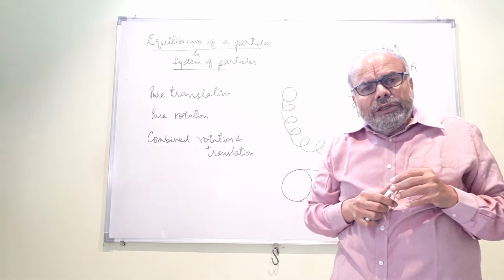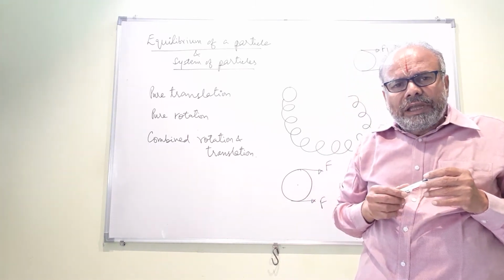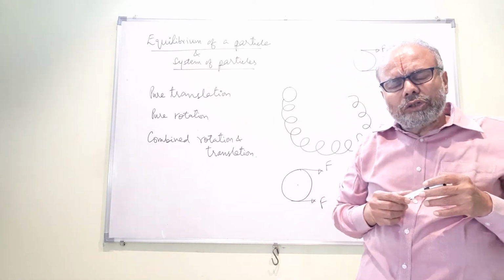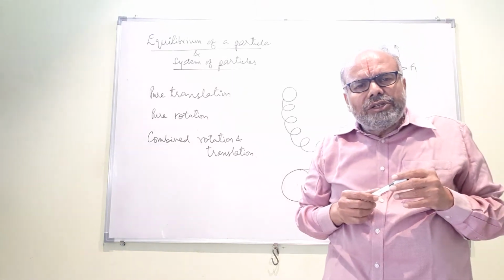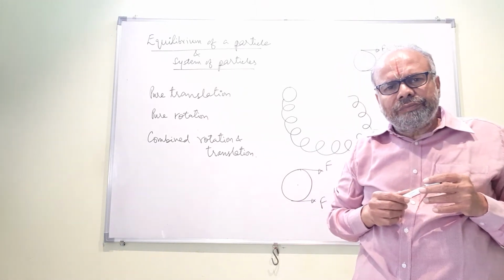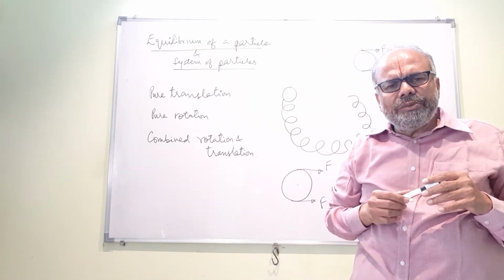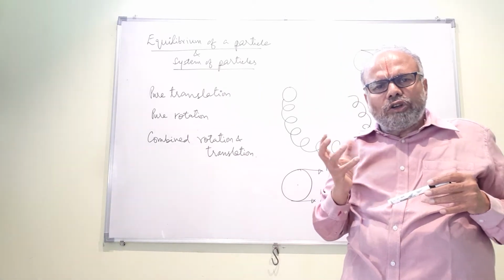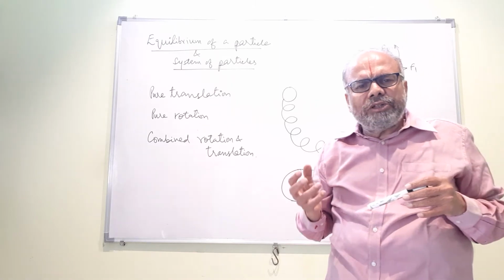On the other hand, this force passes through the center of mass of the earth, hence it does not create any torque. So the net torque on the earth is zero. Therefore, the earth is in rotational equilibrium. However, it must be noted that this rotational equilibrium is dynamic because the earth is rotating at a constant angular velocity of 2 pi radians per 24 hours.